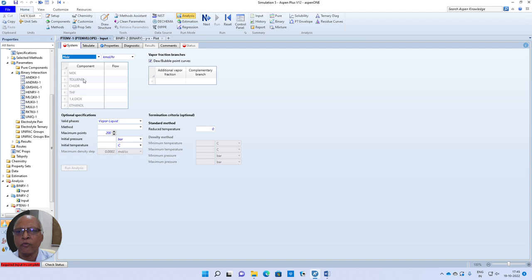So let me take any one system, probably the same chloroform and THF as we did. Remember, in order to determine the property of any mixture, we need to know the composition. So let me give uniform composition so that the mole fractions are 50% and 50%. If you want, you can specify any other also. Run analysis.